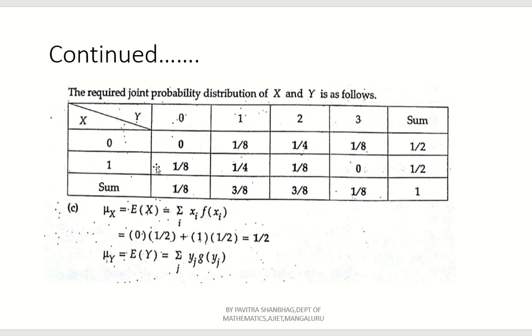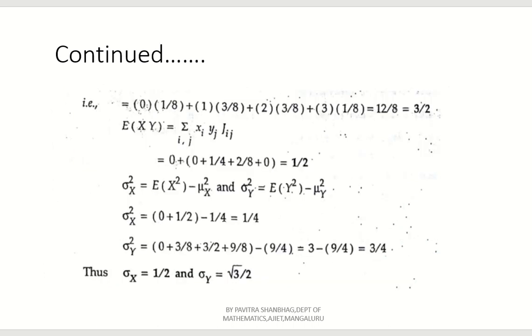Similarly plus x2 y1 j21 plus x2 y2 j22 plus x2 y3 j23 plus x2 y4 j24, right? Now after computation you will get its answer, 1 by 2.